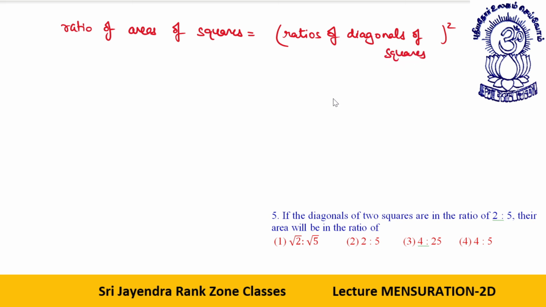So areas A1 upon A2 will be the square of the ratio of diagonals, that is 2 by 5. Area 1 upon area 2 will be 4 upon 25. That is option number 3.